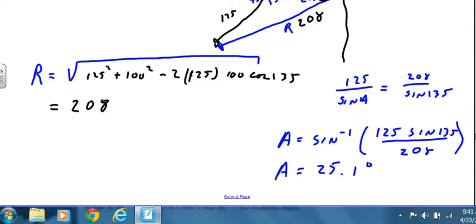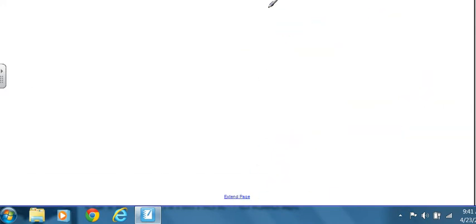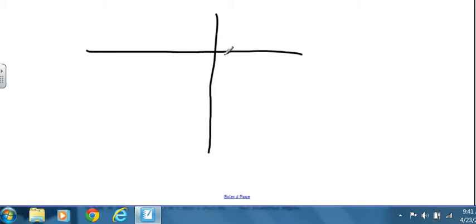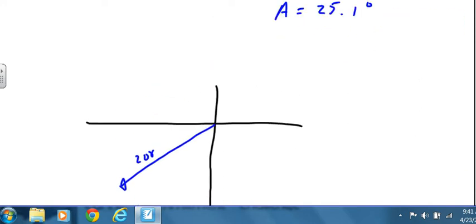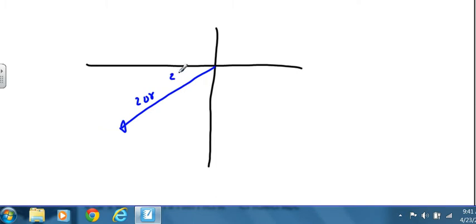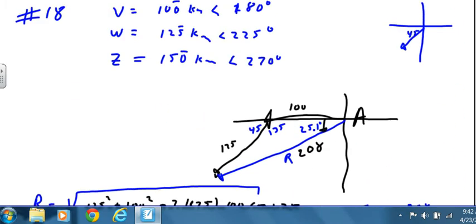Halfway done. So I'm going to come down and redraw the picture. I have this new guy coming this way at 208 and 25.1 degrees, right there. And then I'm going to go due south, I think.